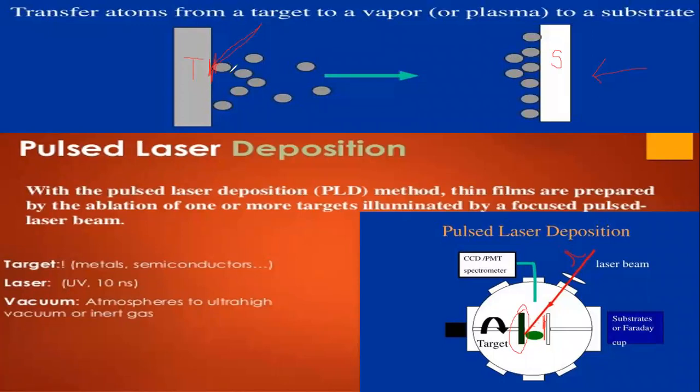Okay, and those lattice atoms get evaporated, because whenever the laser is bombarded onto the target, the plasma is created. Plasma has some amount of temperature, and due to that temperature the atoms get evaporated and are transferred towards the substrate direction, and all those atoms are deposited onto the surface of the substrate.